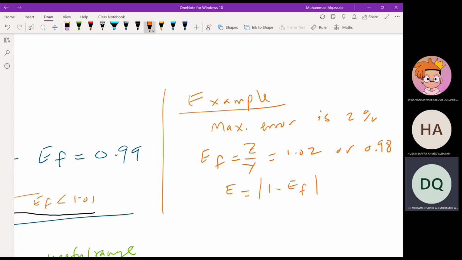The error factor equals 1 minus the error. Okay, thank you. Either plus or minus. Okay, the error factor is equal to... and based on the value at the peak, we select the proper value of the error factor.